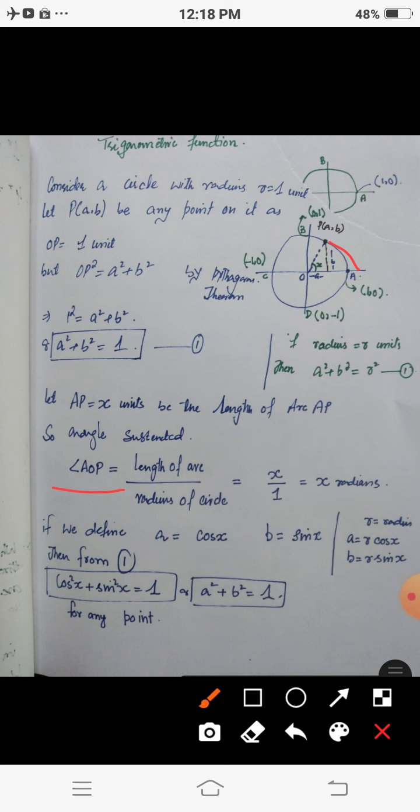Here the length of arc is x and the radius is 1, which implies that the measure of this angle in radians equals x radian.